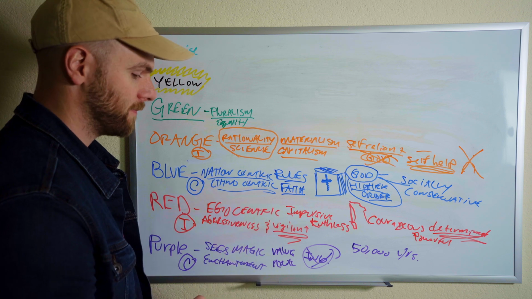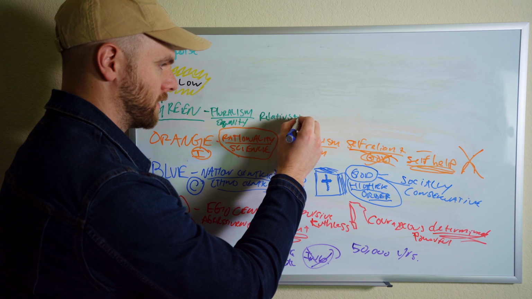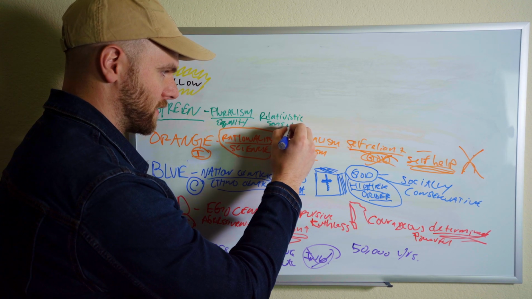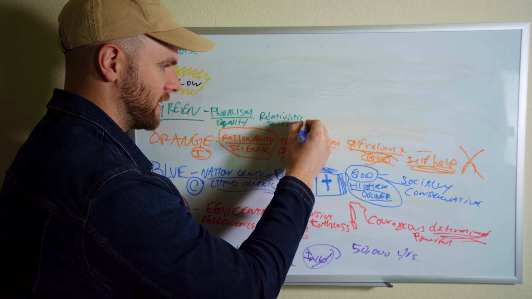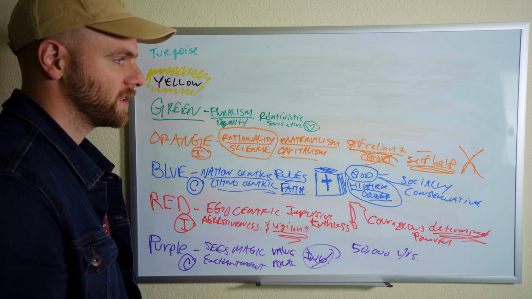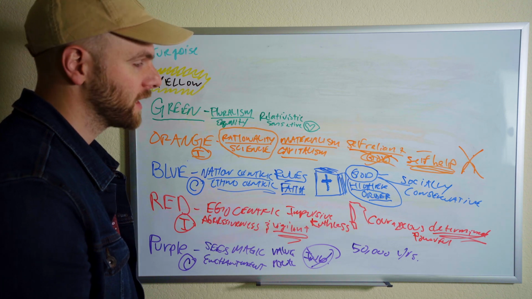That's green, right? Green is also relativistic. And then green is also sensitive as well, right? Very heart-centered. Yay. Green love. Think hippies. I hesitate to say any specific person, but sort of the hippies and the hippie movement and stuff like this. These are green people.